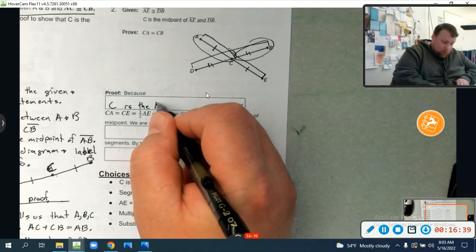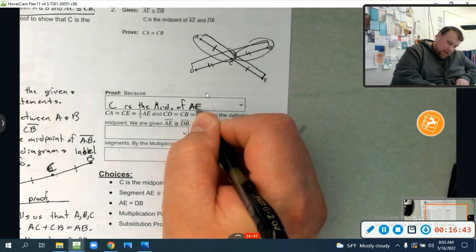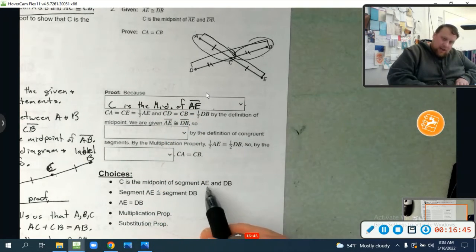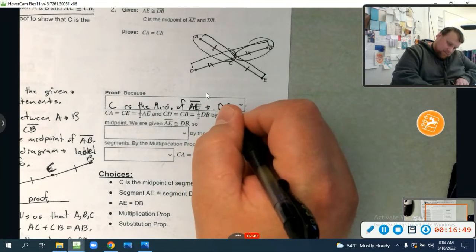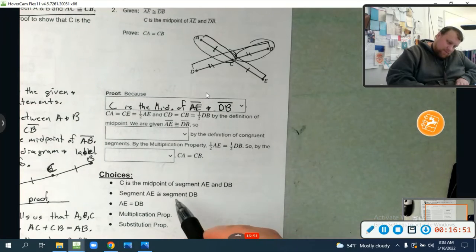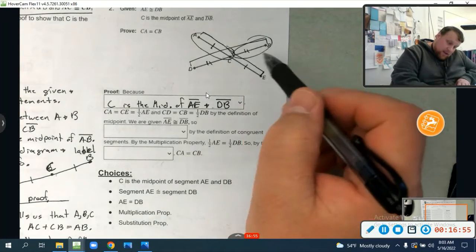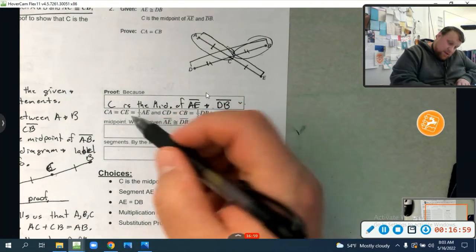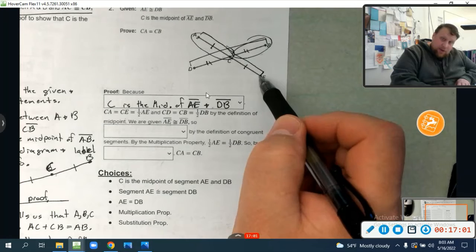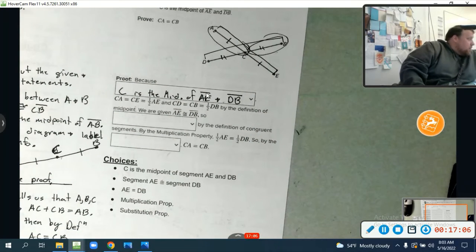I'm going to abbreviate: C is the midpoint of segment AE, and DB. That was our given. Because of that, what do we know? The distance CA is equal to CE, which we have labeled right here.